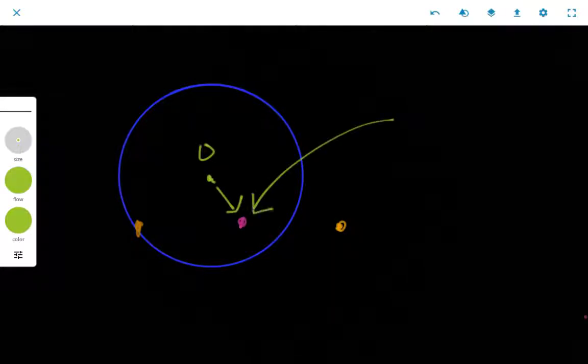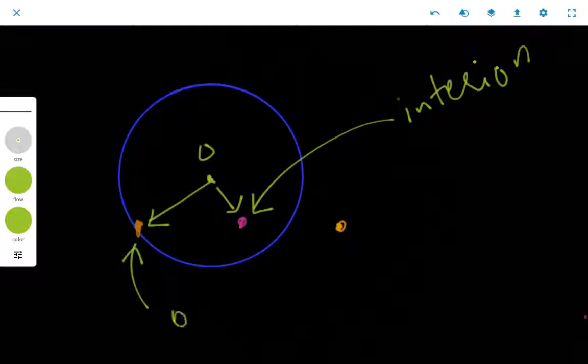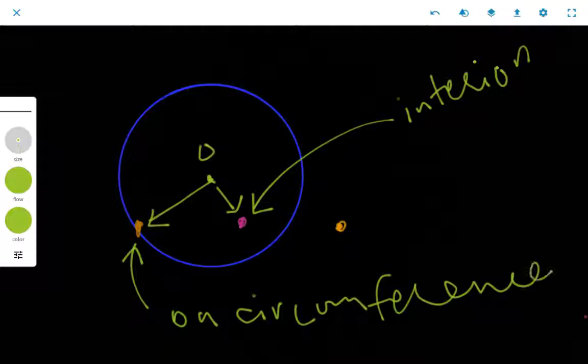So this point we say is located in the interior. And this point, if you see, is on the circle line, so it is on the circumference.